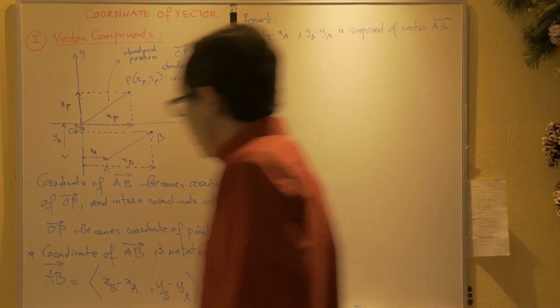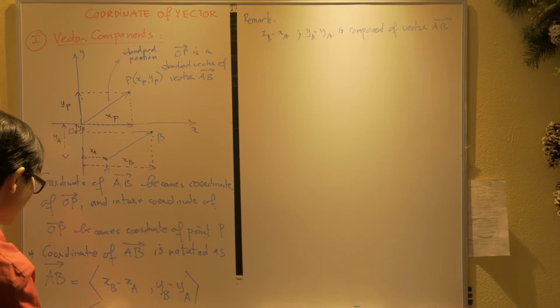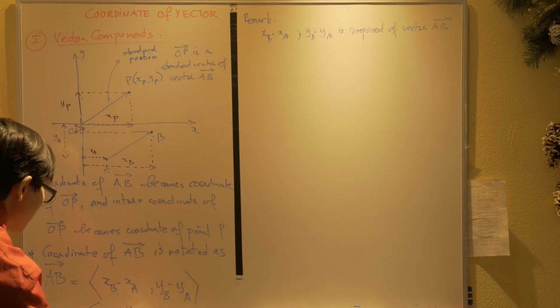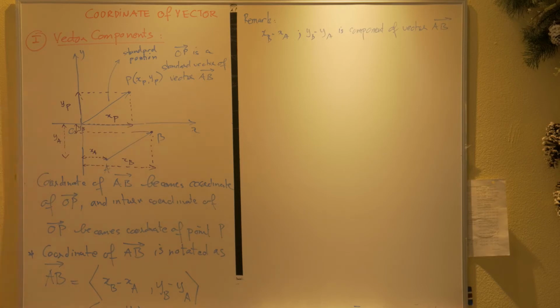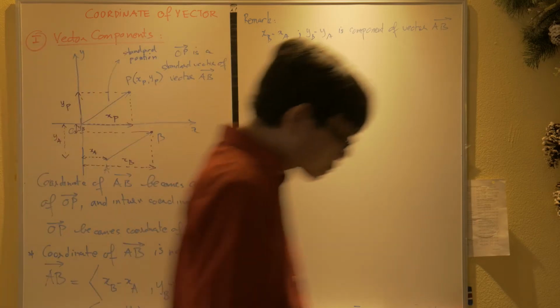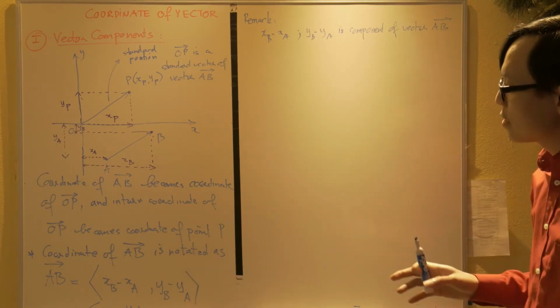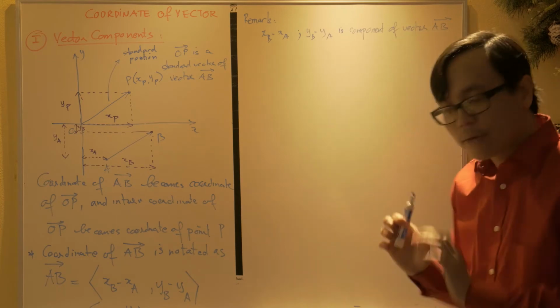I can add a little bit here. Actually this is also the same as xp comma yp, because I already told you the coordinate of vector AB is the same as the coordinate of vector OP, and the coordinate of vector OP is the coordinate of point P. So that's why the coordinate of vector AB is the same as the coordinate of point P. It seems a little bit confusing because of the picture, but it's not really that bad.